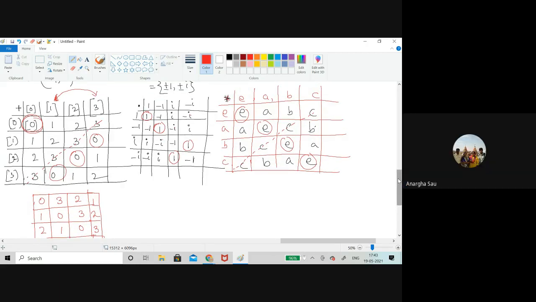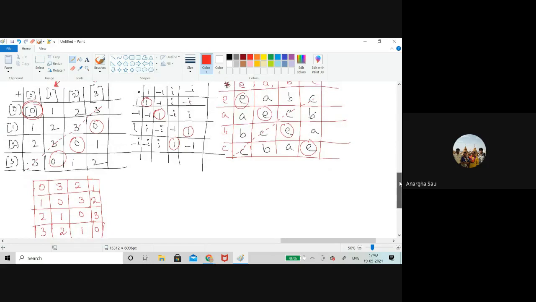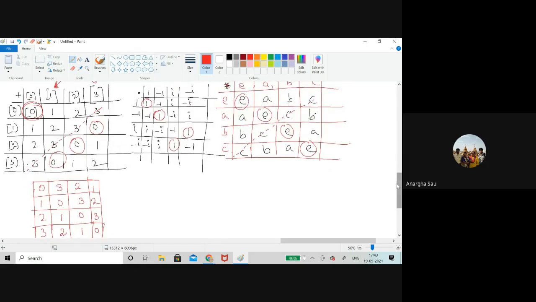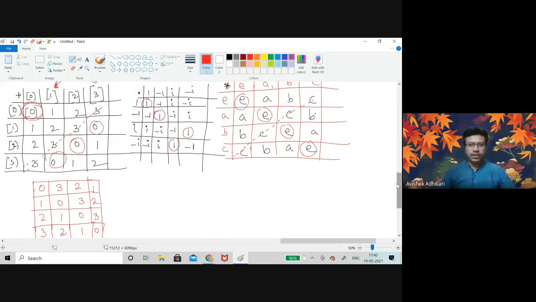First and third, they have the same pattern, I think. No, they do not have. Here this is C, but here this is 1, 3, 1, 3.